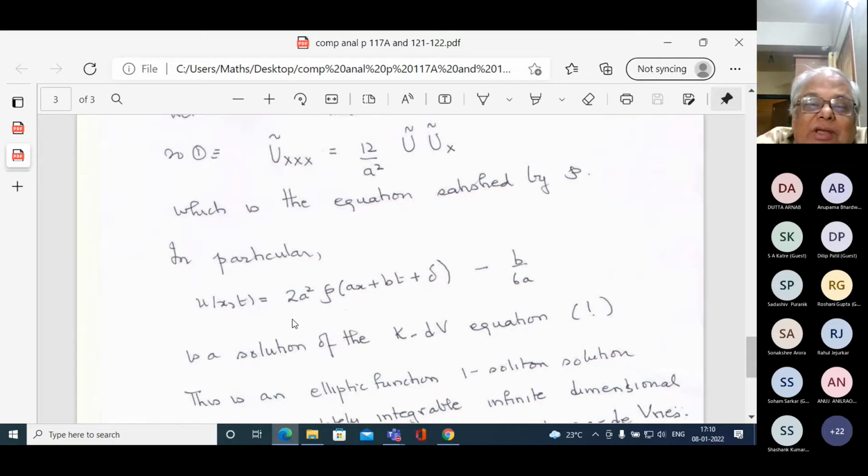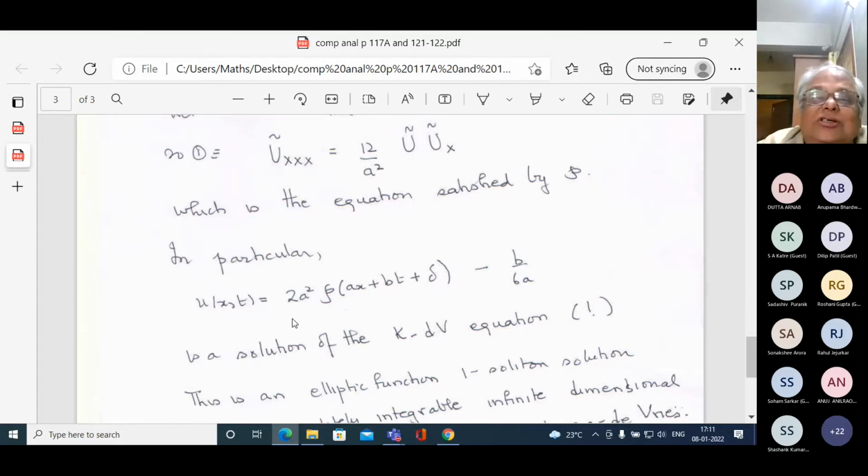And the amplitude of the wave depends on the phase frequency. You see, there's an ax plus bt. There's an ax here and there's an a squared there. So the amplitude depends on the speed, whatever I mean by that. Okay. So Weierstrass's P function gives you solutions to the KdV.